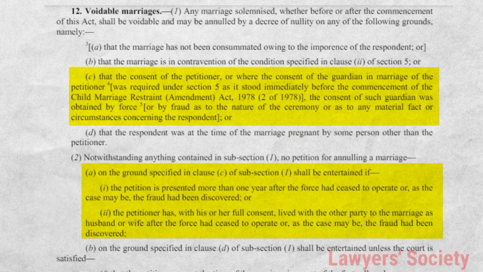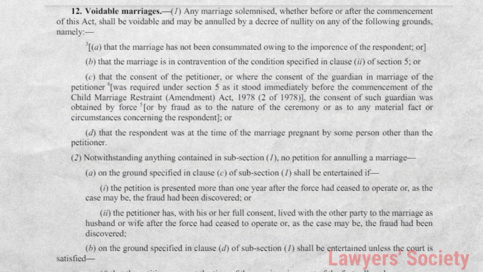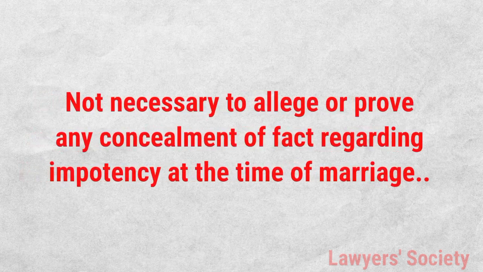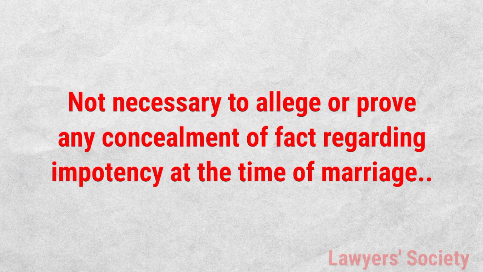If he doesn't consent, he still has only a year of limitation period to prefer a petition under 12(1)(c) seeking annulment of marriage. So that is how you must be reading 12(2)(a). But there are no such conditions given for the ground available under 12(1)(a). So that is the first interesting fact, that there is no requirement of concealment of facts.